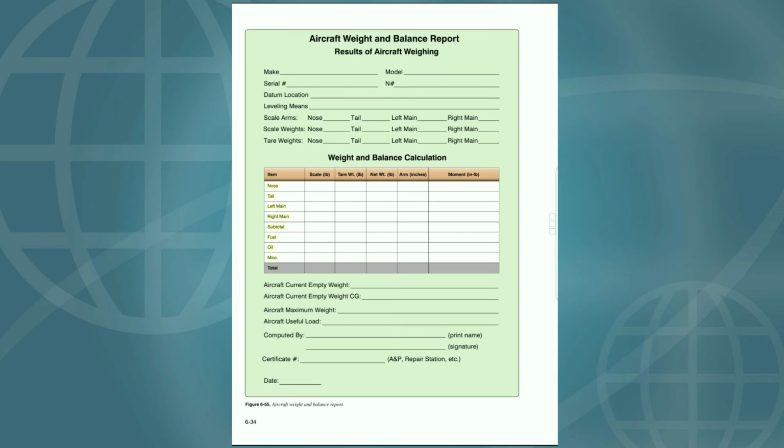Nose, tail, left main, right main, total, fuel, oil, miscellaneous. Total. Aircraft current empty weight, CG. Aircraft maximum weight. Aircraft useful load. Computed by, certificate number, print name, signature, A and P, repair station, date. Figure 6-55. Aircraft Weight and Balance Report.